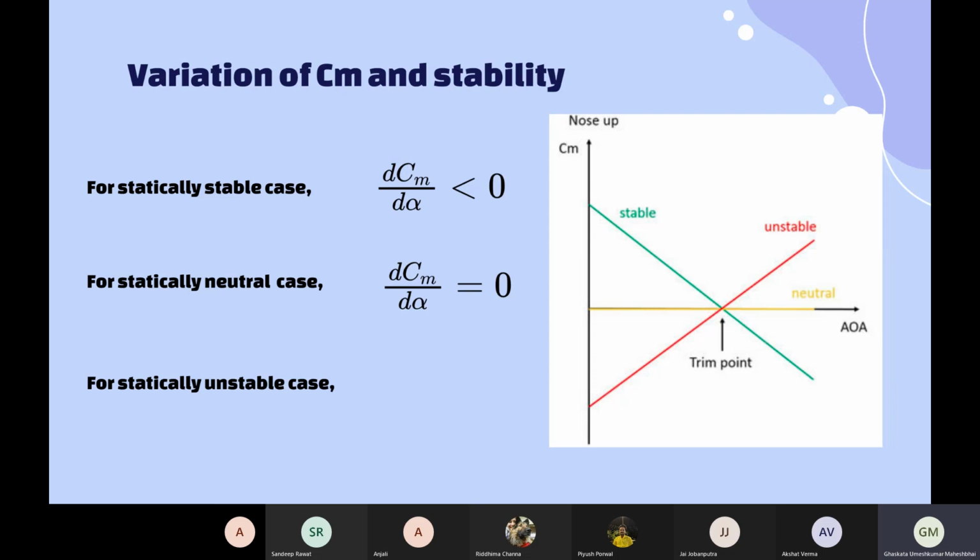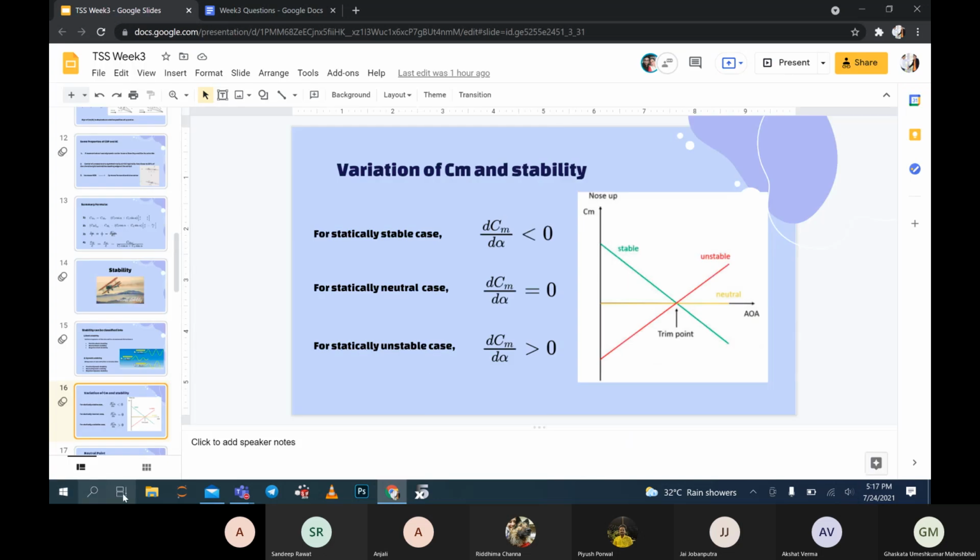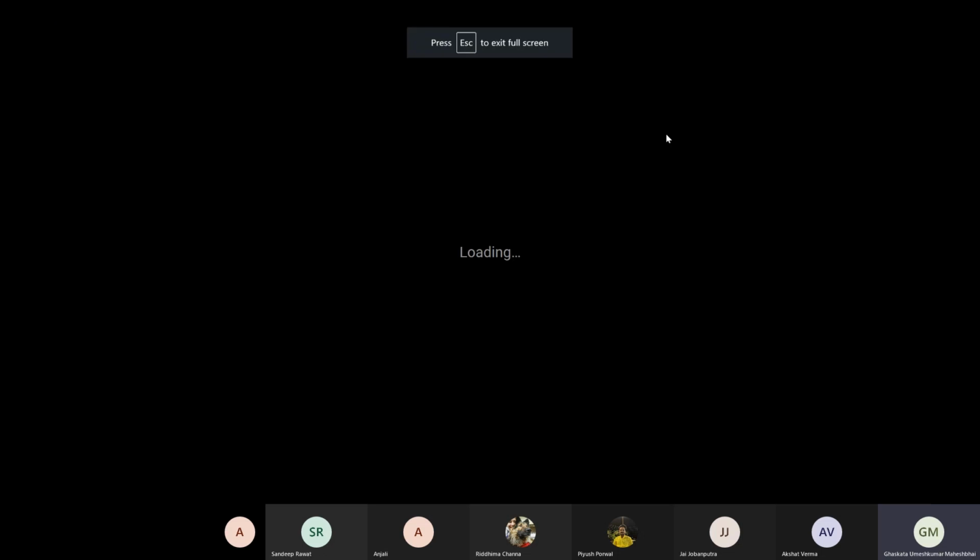Sorry for that. Okay, sorry for that. I hope you understand this CM versus alpha curve.